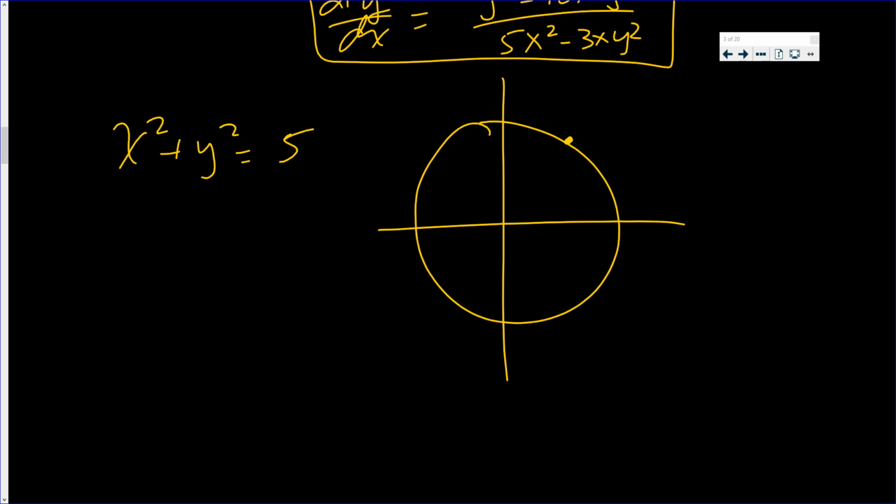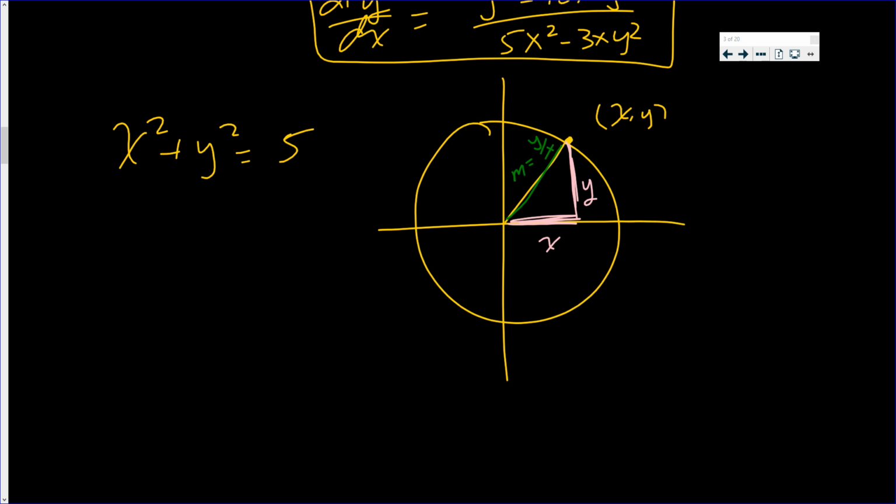If this point here is x comma y, because this piece is x and this piece is y, the slope of that line is y over x.